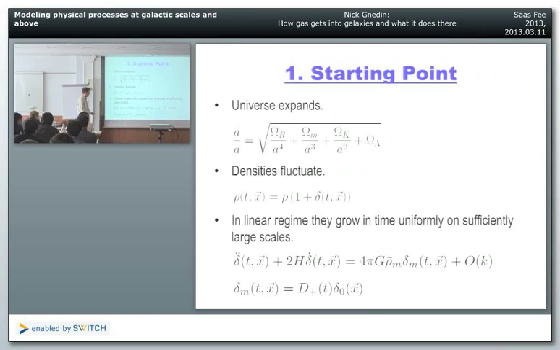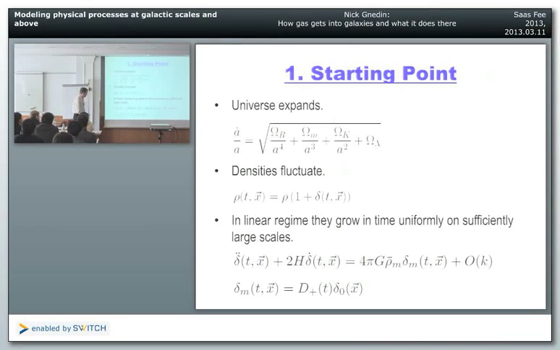The equation that governs the rate of growth of linear fluctuations in standard cosmology is a second-order differential equation. Except for some small-scale terms, which I'll talk about later, none of these terms depend on x, which means that at every point x, they grow at the same rate.